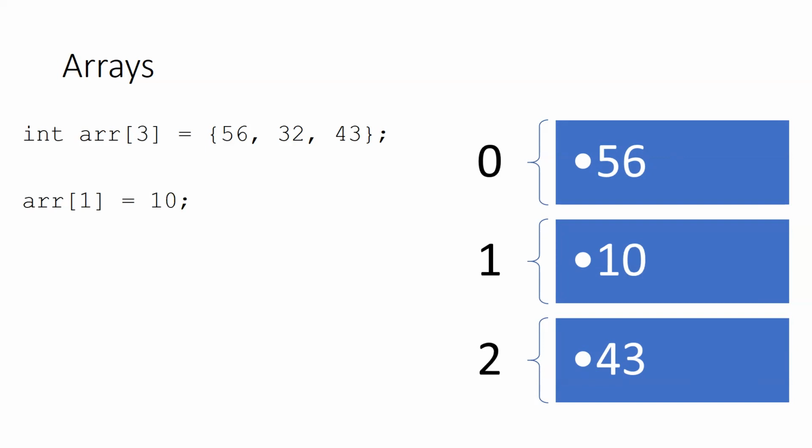I can say at array location 1, I want to put the value of 10, right? This is the same way I would have put a value into the variable x. It's just that the whole name of it is actually arr with some square brackets and a 1 on the inside. If I want to put something in a specific location, I have to put it in the square brackets.